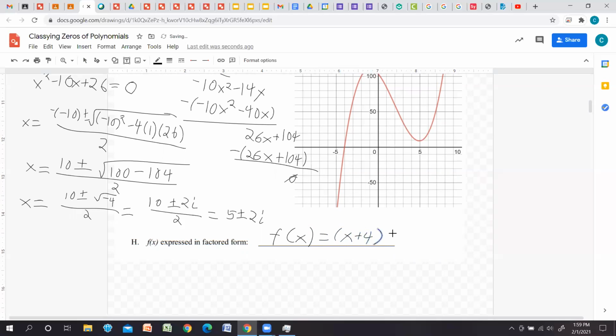There's no number in front because the leading coefficient is 1. So we have x minus the number 5 plus 2i, and x minus the number 5 minus 2i. And it looks a bit more complex. Maybe that's why it's called complex numbers. But here's our factored form. It's all written out there.